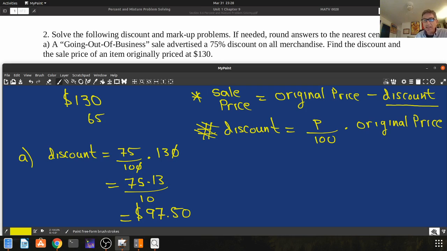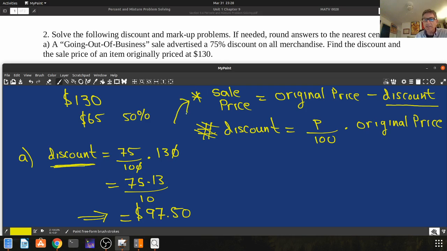But now I'm getting $97.50 off, and that's more than $65. Why? Because this is a 50% discount, but this one is a 75% discount. So this number, it's a large number, does indeed make sense. So I have calculated the discount.